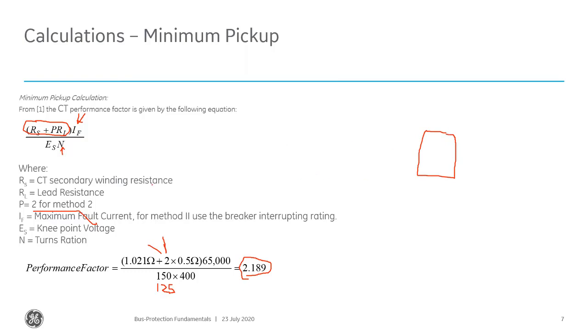So they bring all the CTs to that paralleling cabinet, and then they only have to run 2 wires into the relay house, to the relay.